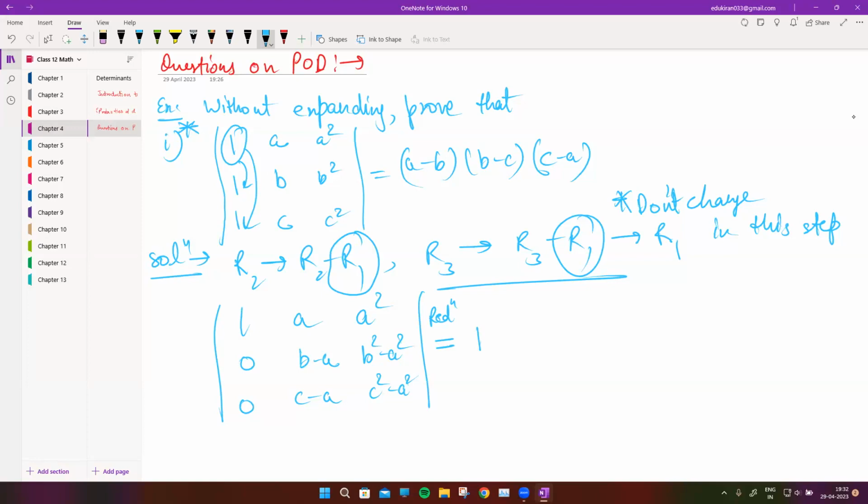So always make your first column or first row 1, 0, 0. You can make another row or another column as well, but when you are trying to reduce that, change it to column 1 or row 1. So this becomes 1 into, deleting the row and the column, you are left with b minus a, b square minus a square, then c minus a, c square minus a square.